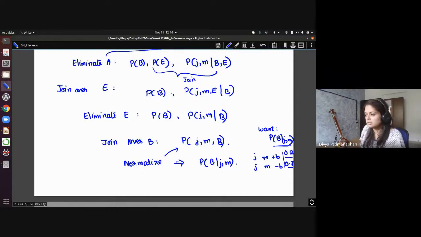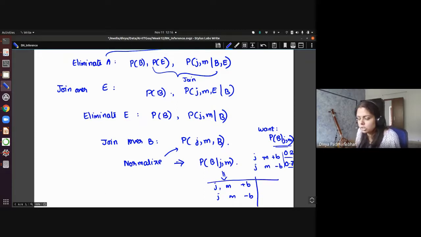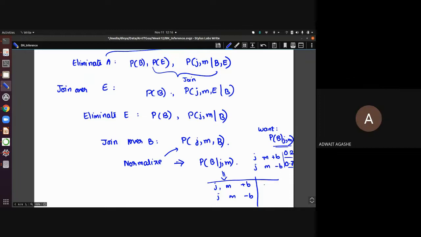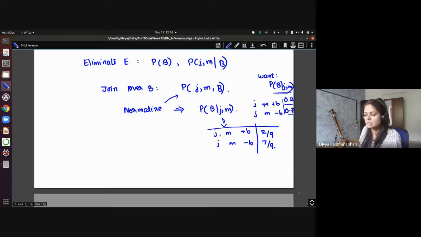The new table will have J, M, and plus B and minus B. What numbers would this normalize operation give you? 2 by 9 and 7 by 9.